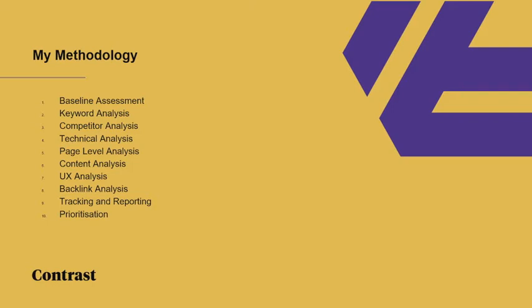We look at content analysis, user experience analysis. We look at backlink analysis, and we look at how you track and report your whole campaign, and then how you prioritize based on all the information that you've put together in terms of how you're going to implement this as a strategy. So when you compile all this methodology together, you end up with a strategy that would actually help your SEO in terms of what you need to do now, what you need to do in the short, medium to long term, right?